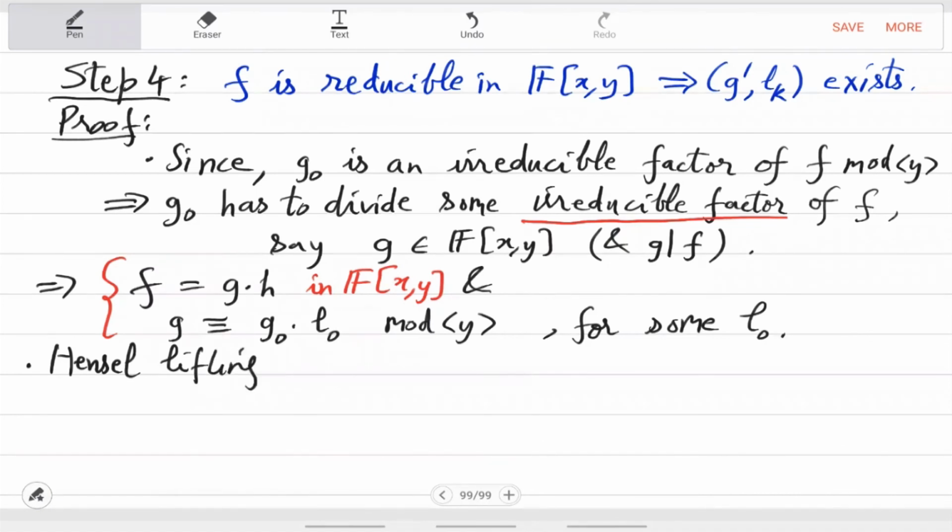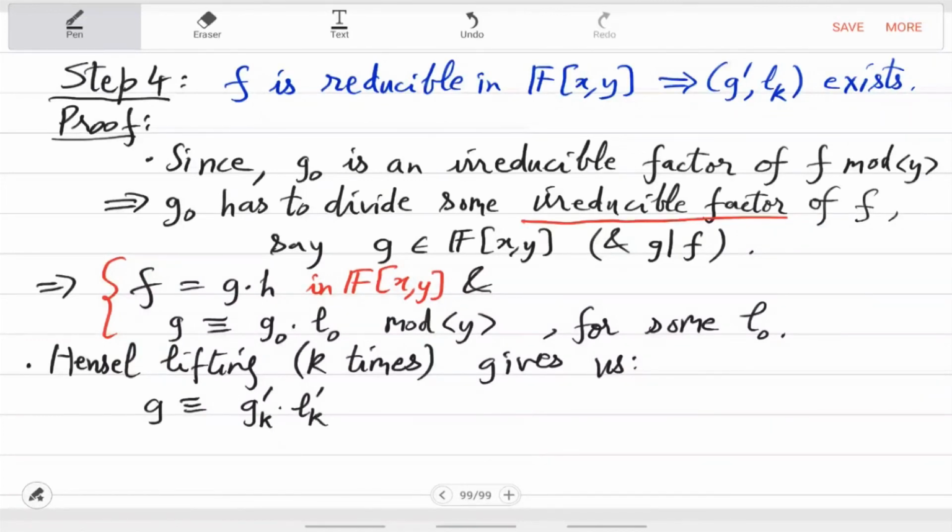So Hensel lifting k times gives us that G is some GK prime times LK prime mod y to the 2 to the k, with GK prime monic with respect to x, and GK prime is a lift of G0, so it's congruent to G0 mod y.